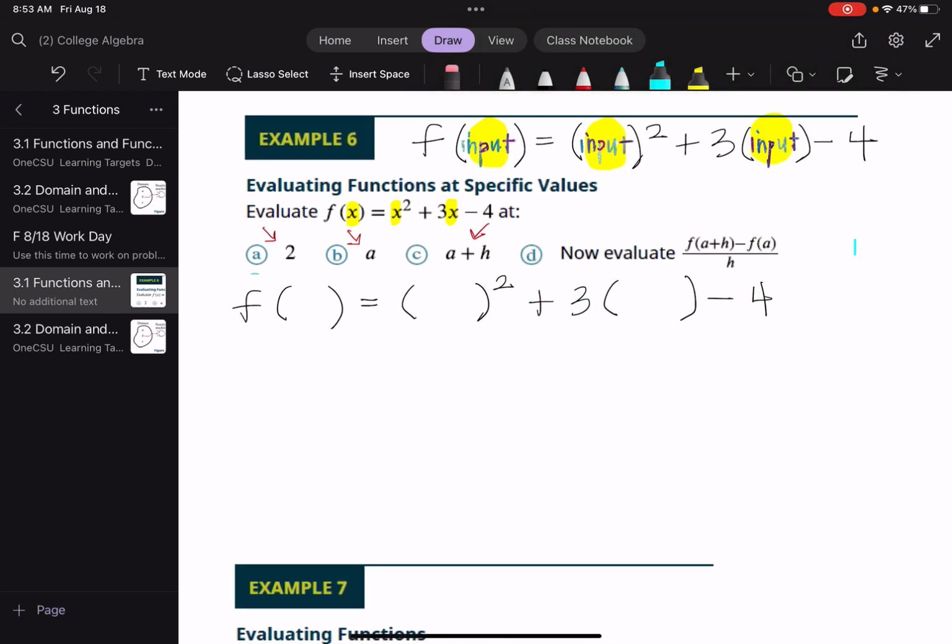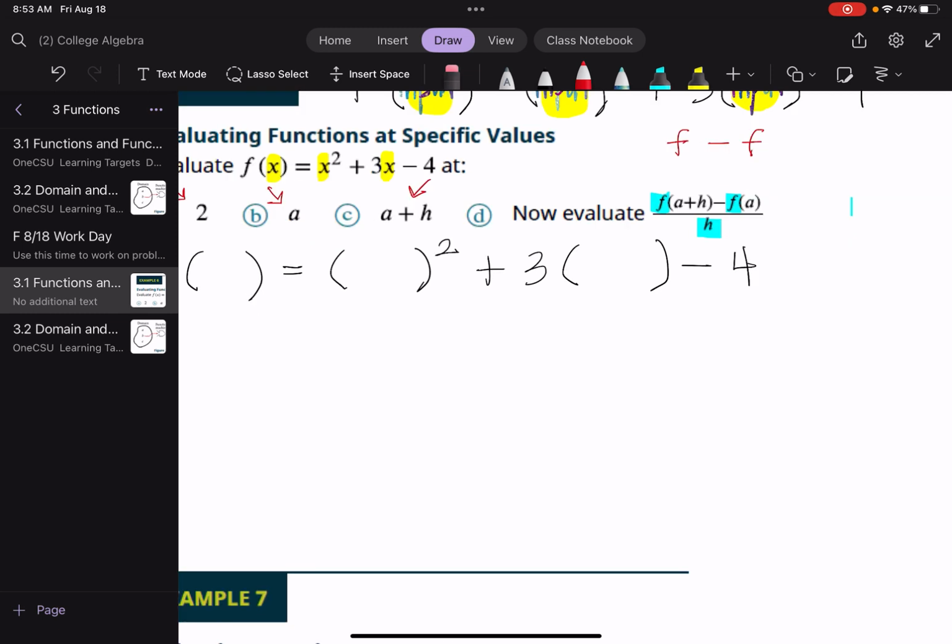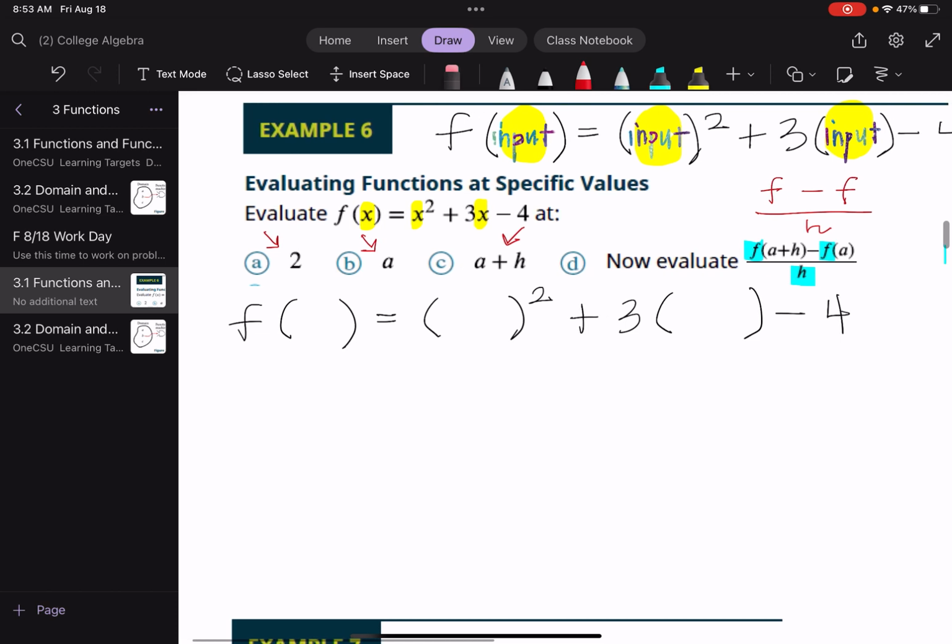So the first thing you need to notice here is, essentially what it's saying, if we ignore those input blanks, is take the function f, subtract the function f, and divide by h. Okay, easy enough.